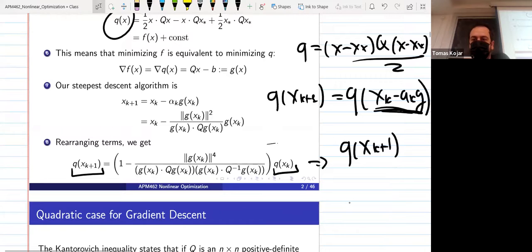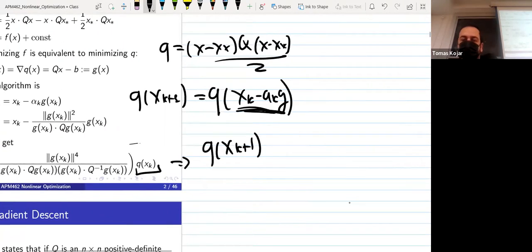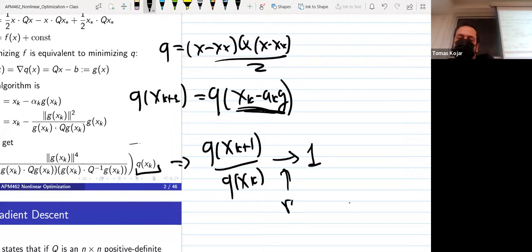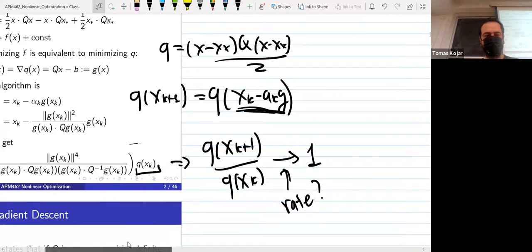Let me say ratio. We're going to compute this, and we will show that it goes to 1. With what speed, what rate?